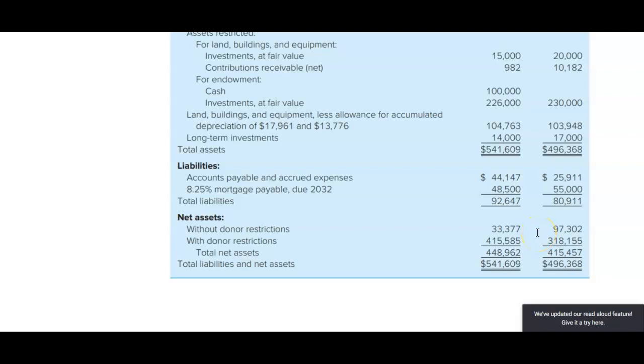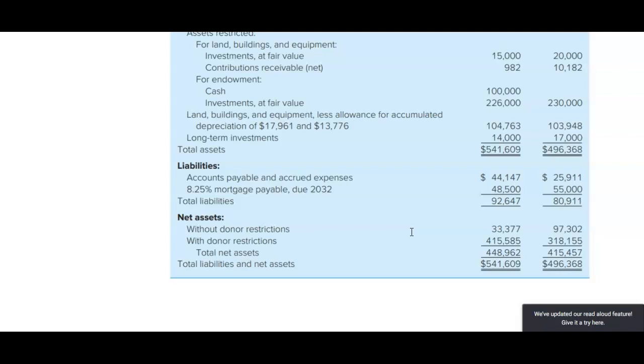Okay, I think the problem that you're looking at does split the with donor restrictions into two pieces: the permanent, which stays the same as the prior period, and then the donor restrictions that are new and have changed for this period.